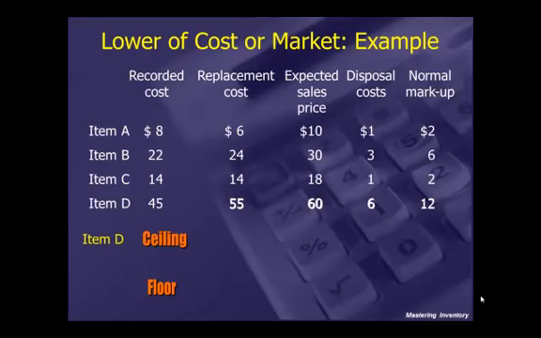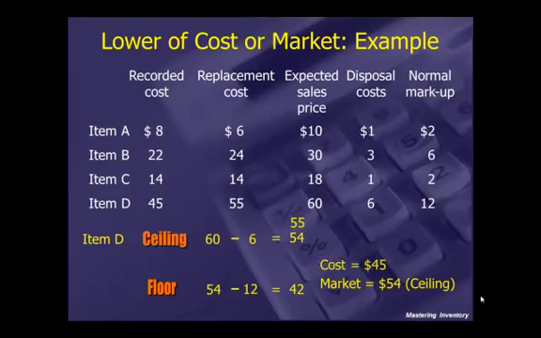One more, item D: the expected sales price of 60 less the disposal of 6 equals 54. The ceiling, or net realizable value, of 54 less $12 markup is 42. Replacement is 55, which is above the ceiling, so we use the ceiling of 54, compare it to the cost of 45, and the lower of cost or market is 45.